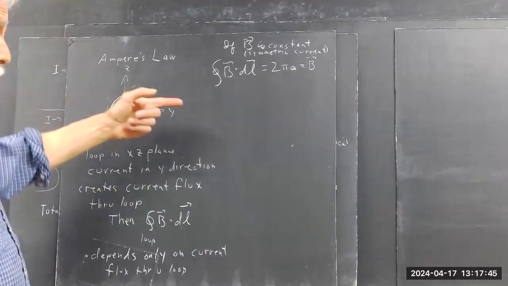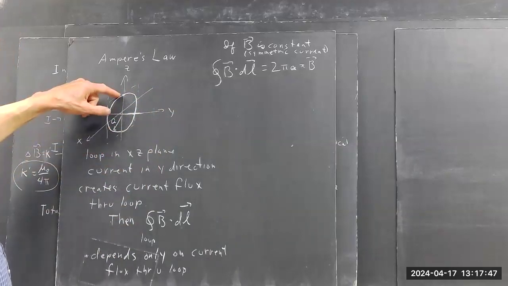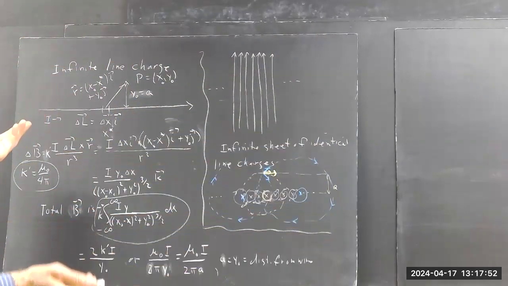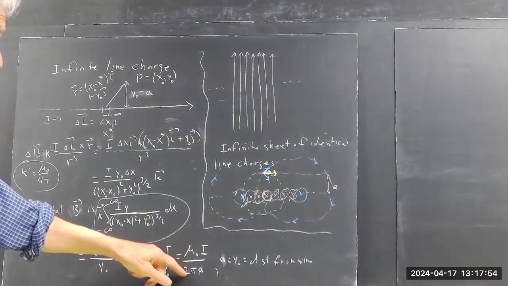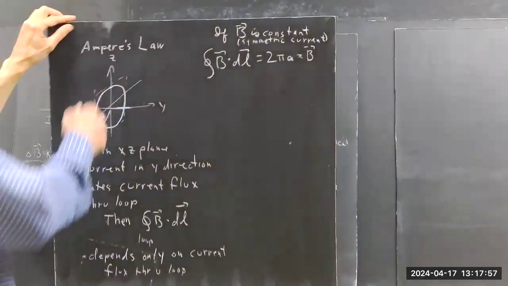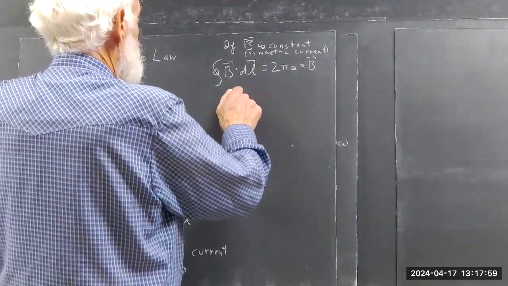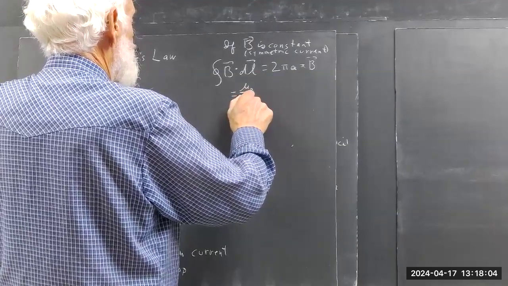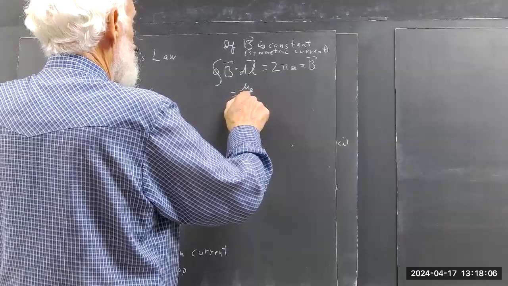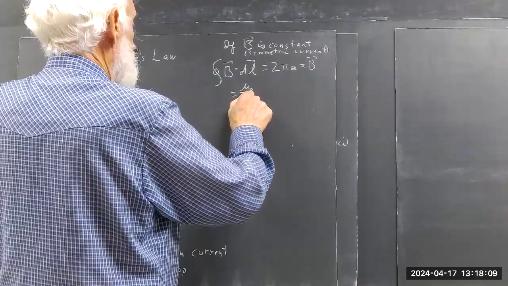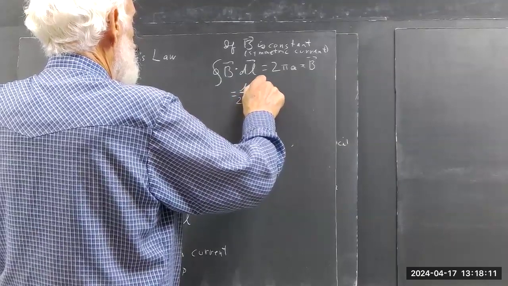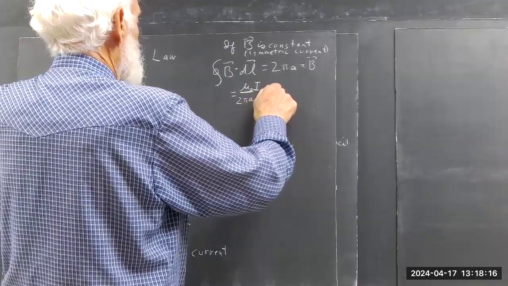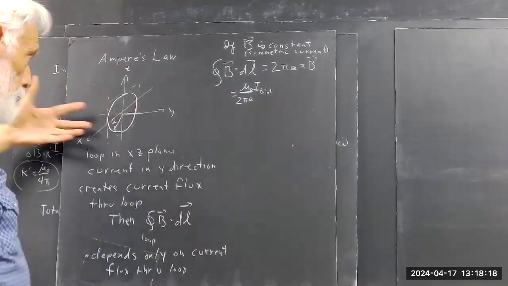And if you've got a line current along the y-axis, then at distance a, we know what the magnetic field is: mu naught over 2 pi a times I, where I is the total current you have through this loop.